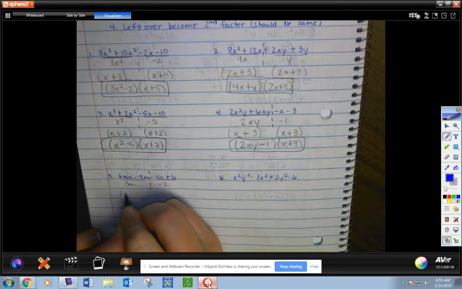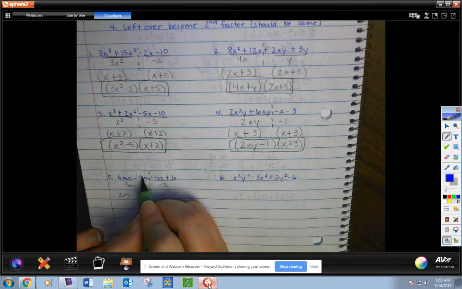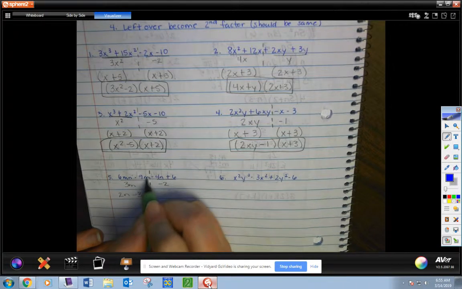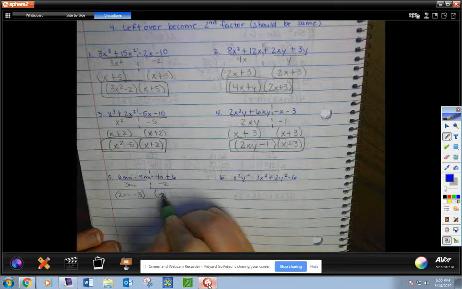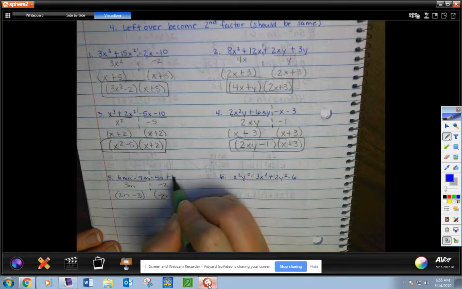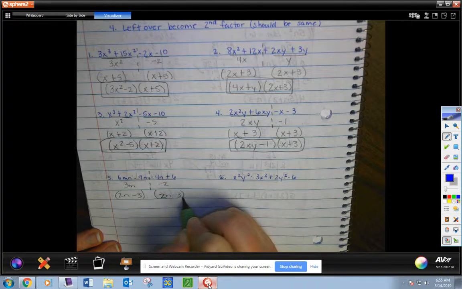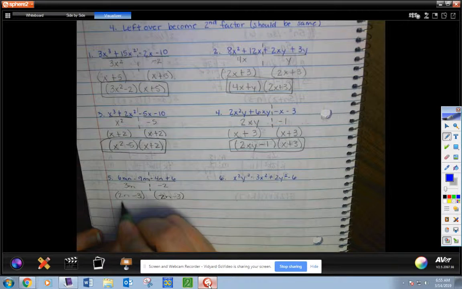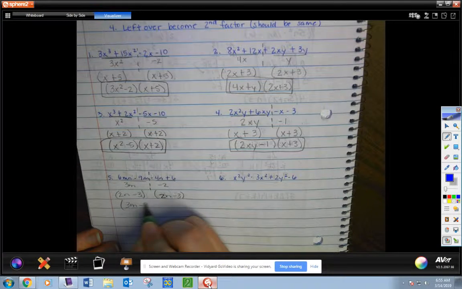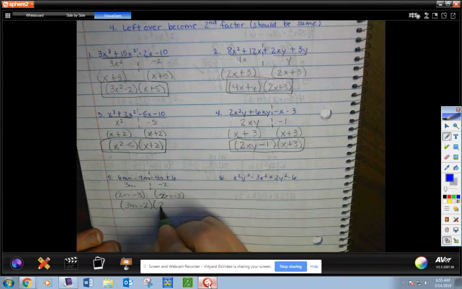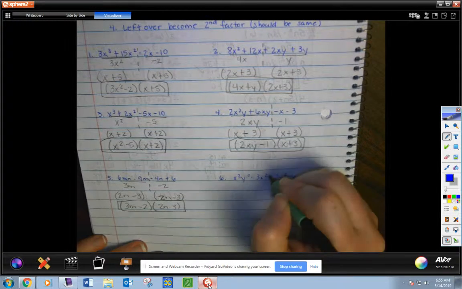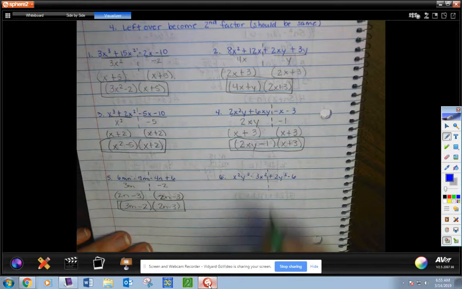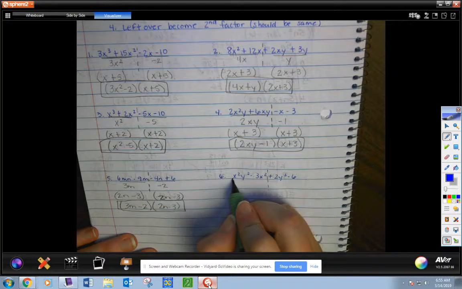The m's cancel, and I'm left with n. -9 divided by 3 is -3, and the m's will cancel. -4 divided by -2 is +2, and I keep the n. 6 divided by -2 is -3. Since these are the same, I pull my first factor from my GCFs, and I bring down one parentheses, and there's my answer.